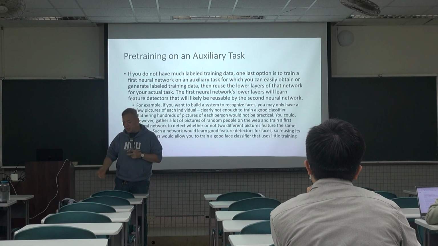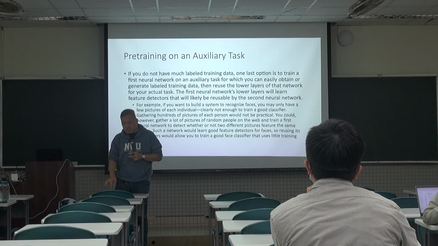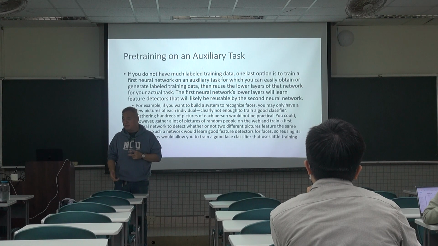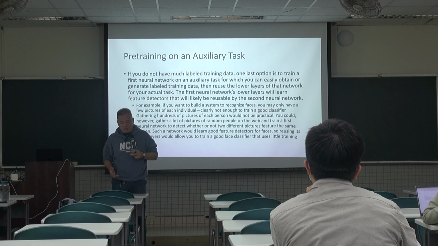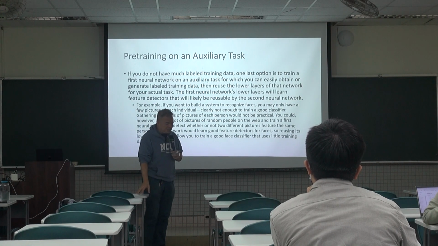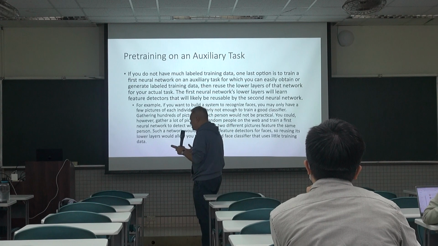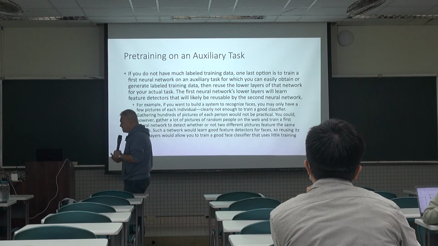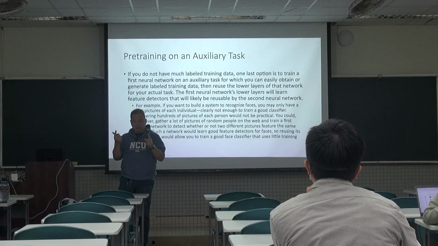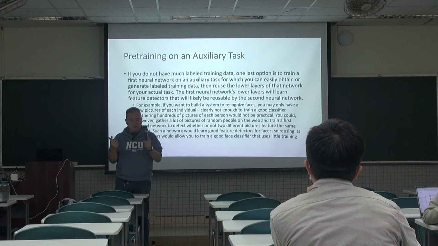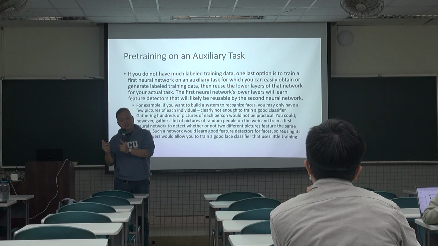Because as long as these two photos come from the same Instagram account, most likely the person in the photos is the same person. So you can gather a lot of such data to train a model to tell you if the people in these two photos are the same person or not.